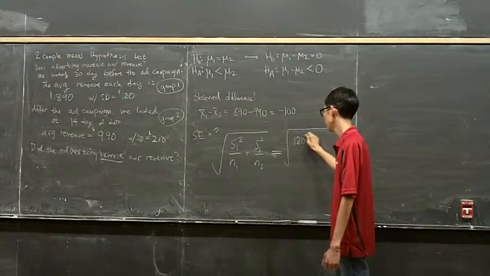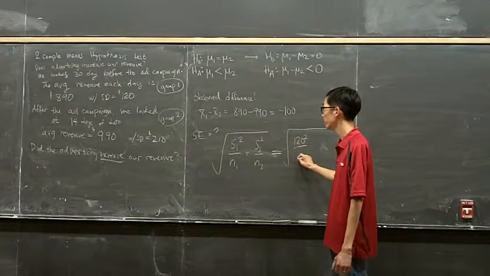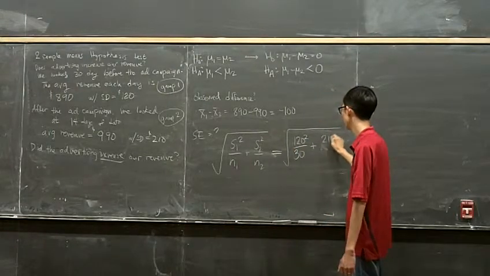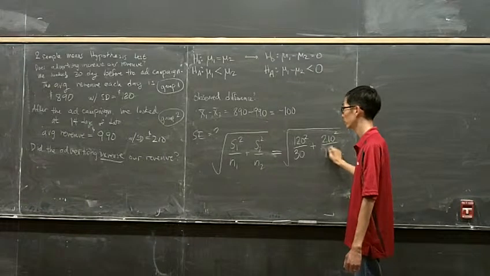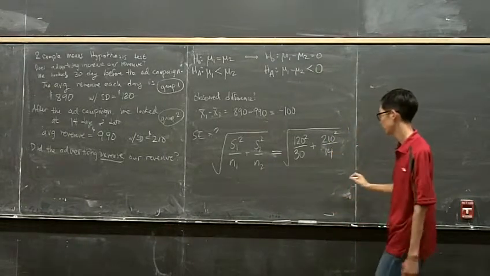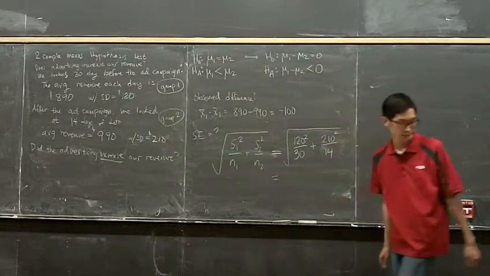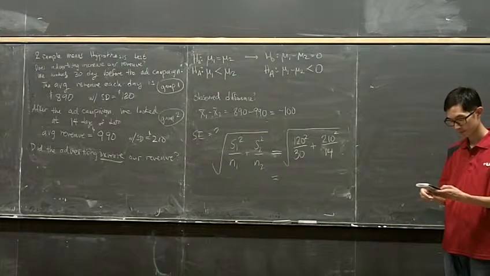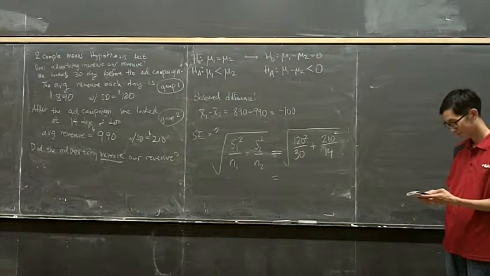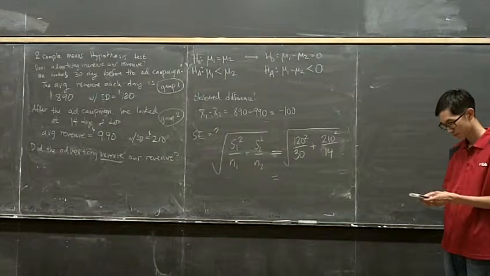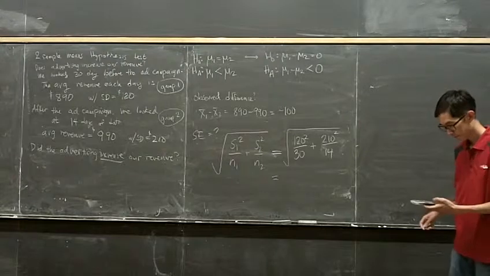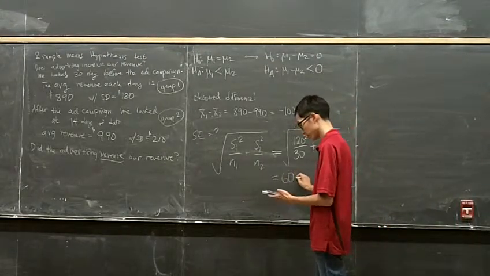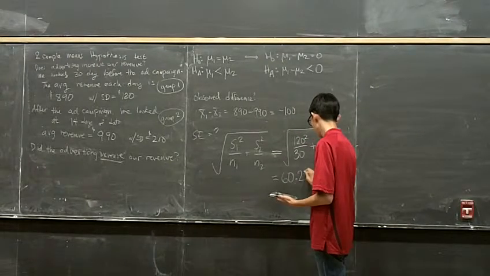So 120 squared over 30 plus 210 squared over 14. $60.25.